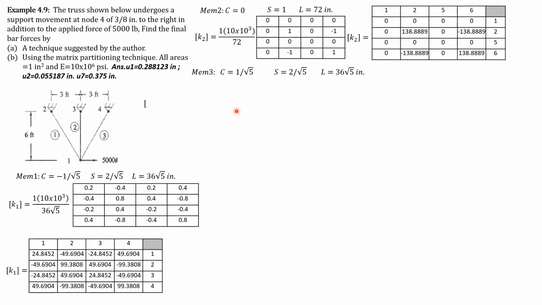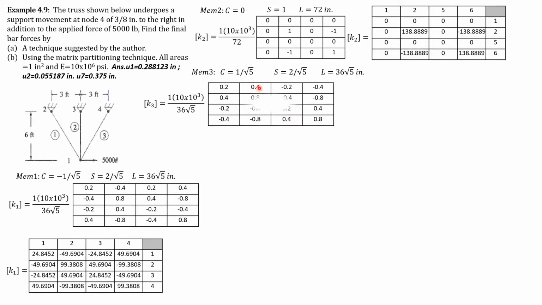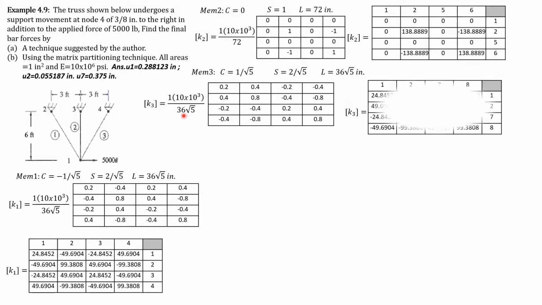So K3 is 1 times 10 to the third over 36 square root of 5 times cosine squared is 0.2. Then CS is 0.4. Then their negatives, copy CS. This is S squared, so 0.8. Then their negatives. Then copy this 2 by 2 matrix here, this 2 by 2 matrix here. So we have K3 combined with this value equal to that.